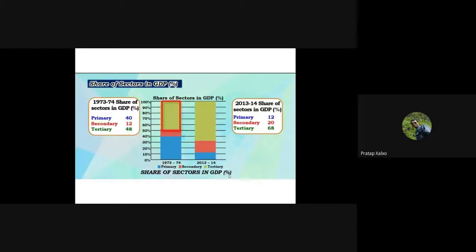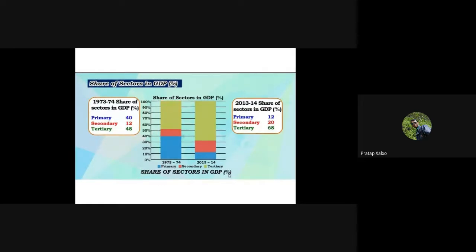Secondary sector has increased from 12 to 20, and tertiary sector from 48 to 68. So over the 40 years, production in all the three sectors has increased, but it has increased most in the tertiary sector.